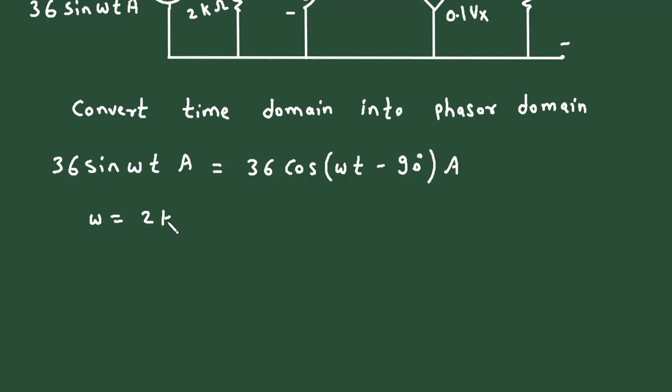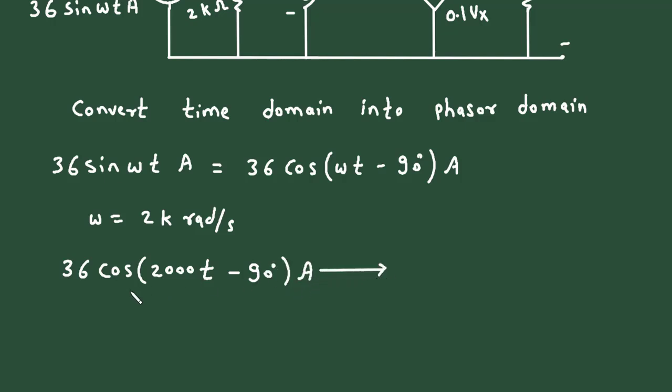So this will be 36 cos 2000 t minus 90 degree ampere, in place of omega we substitute 2000. So this is in time domain. In phasor domain, this will be 36 at an angle minus 90 degree ampere.